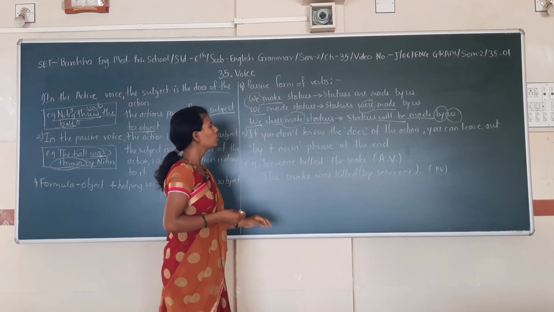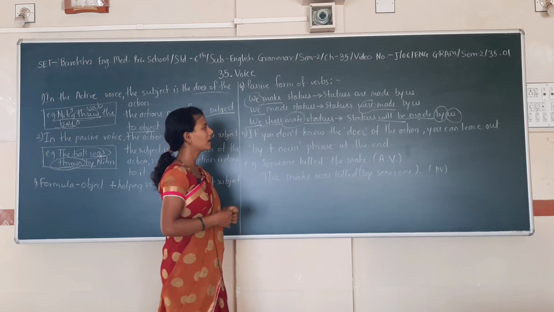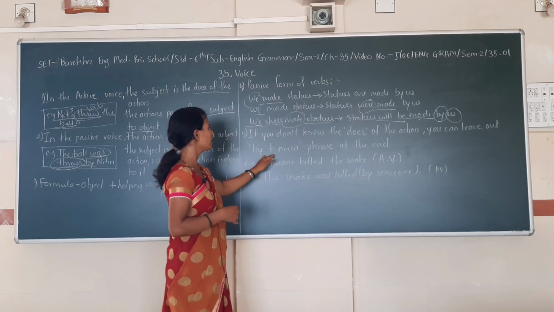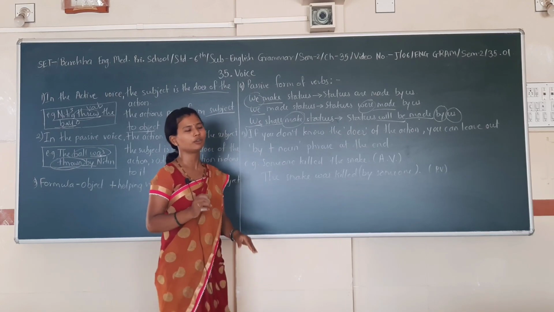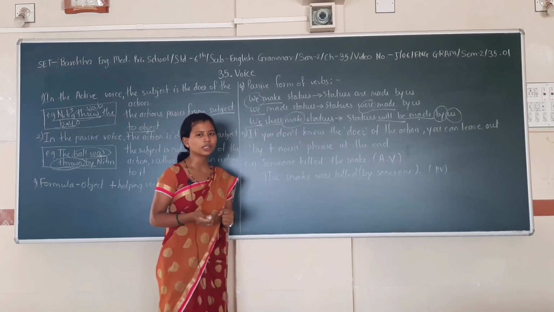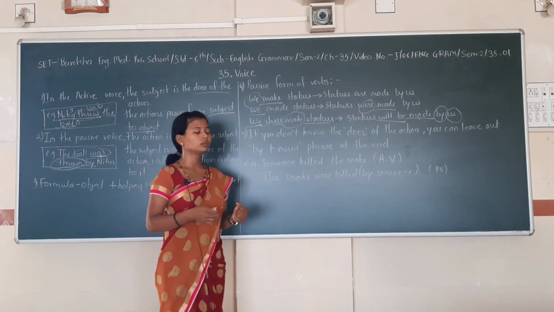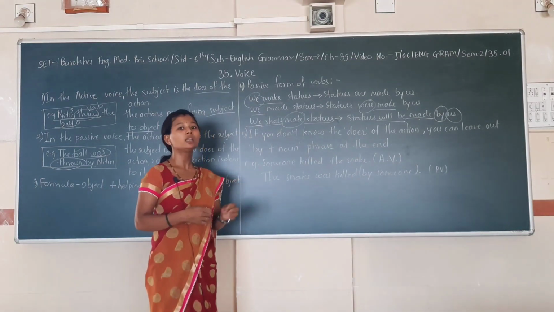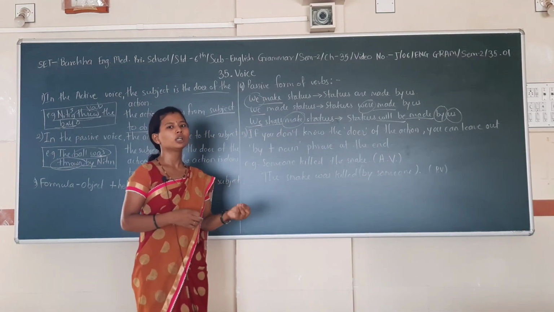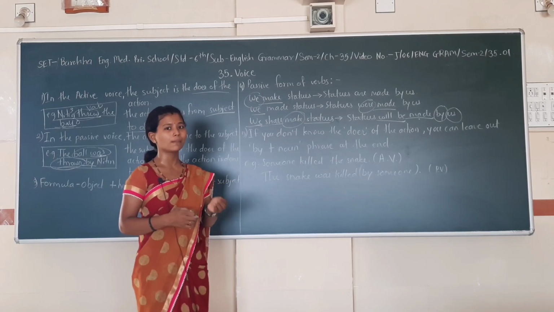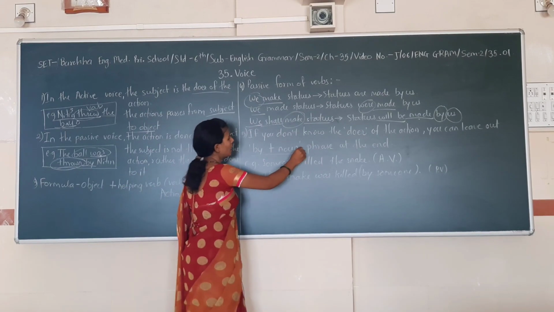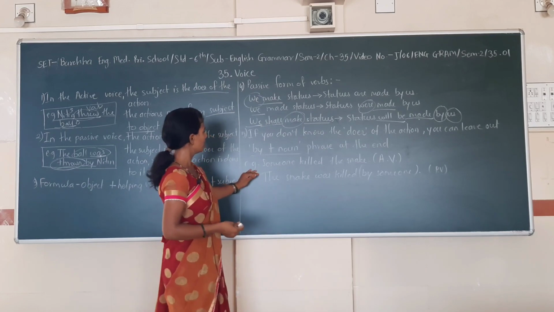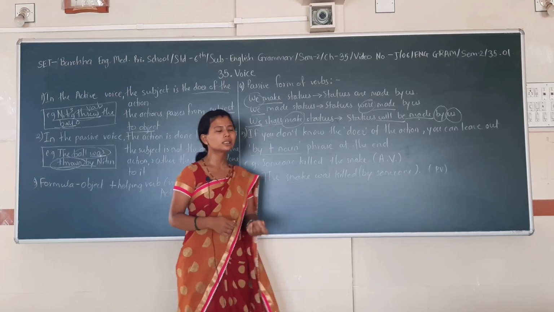Now, if you don't know the doer of the action, you can leave out the by noun phrase at the end of the sentence. If in your sentence there is no particular doer of the action, it is okay to not use by and the subject at the end of the sentence. See the example: "Someone killed the snake."